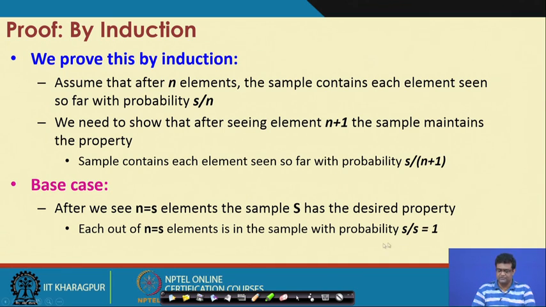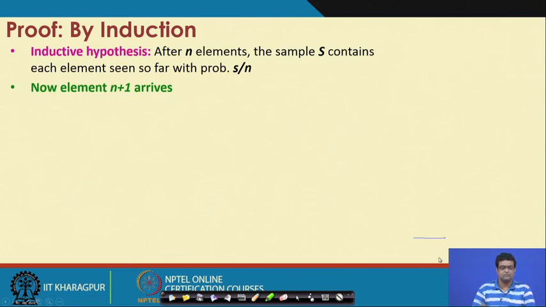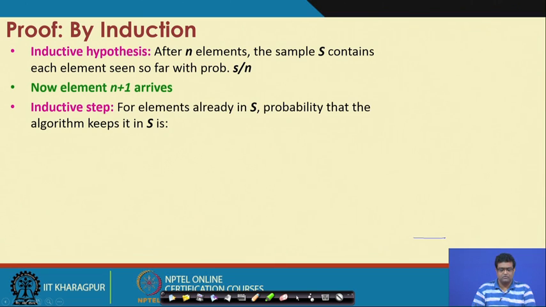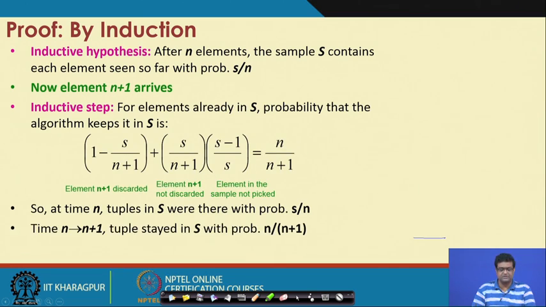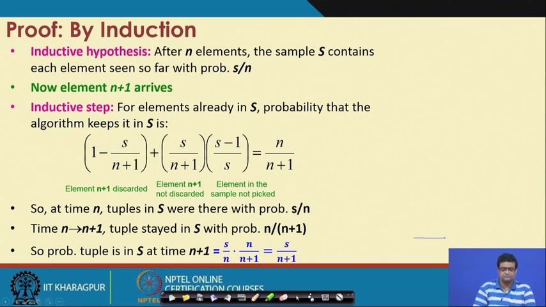Because we need to store each element with probability s by n, but n is equal to s, so you store each element with probability 1. Now, we also know that the inductive hypothesis is that if we have already seen n elements, then the sample contains each element with probability s by n.